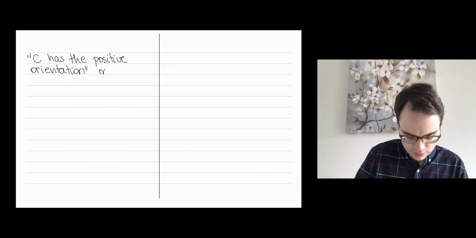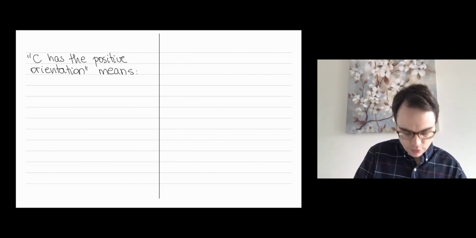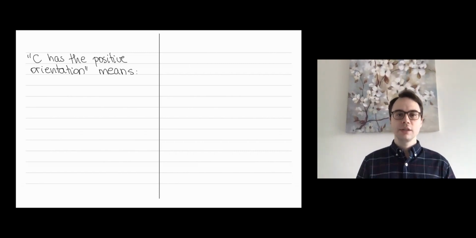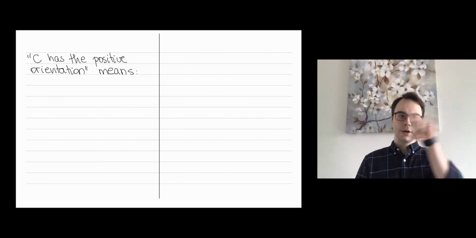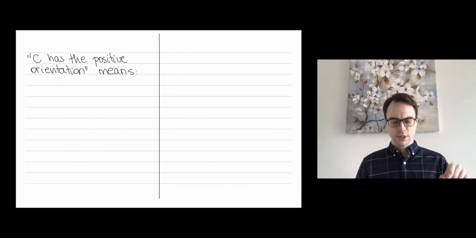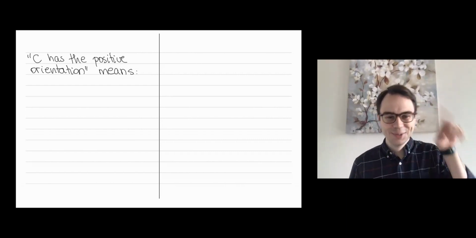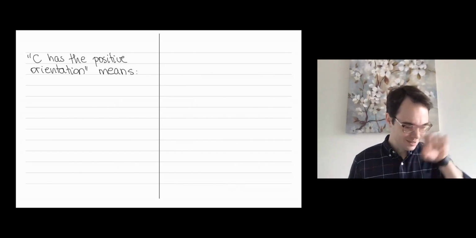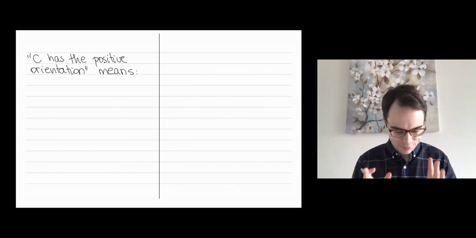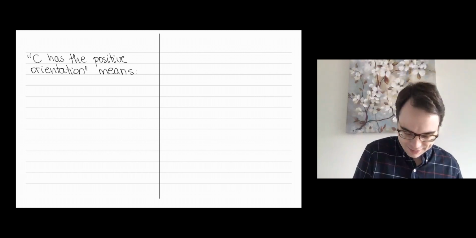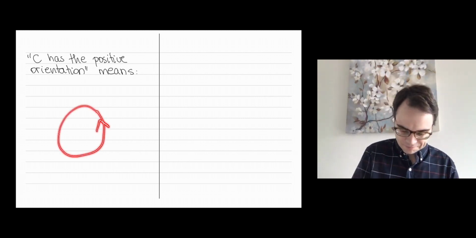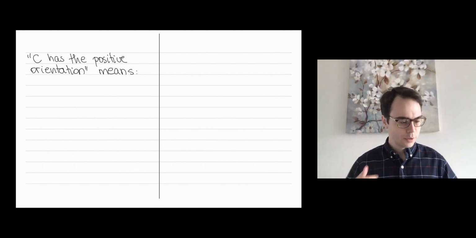Ordinarily this just means that the closed curve has the counterclockwise orientation. I hope the mirroring of the webcam is not messing with my orientation. But in any case, that's the ordinary situation.